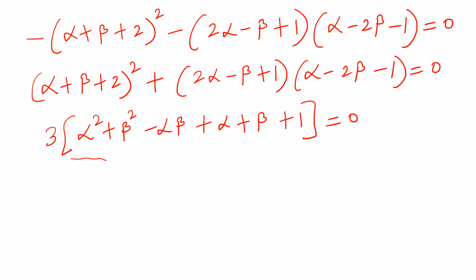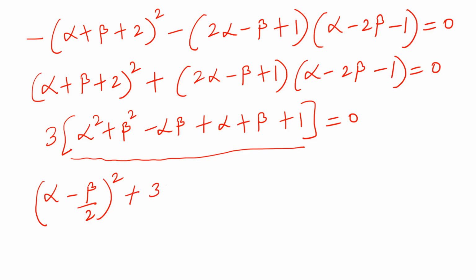Now students, the expression inside the bracket can further be written as alpha minus beta upon 2 whole square plus 3 beta square by 4 plus alpha plus beta plus 1.